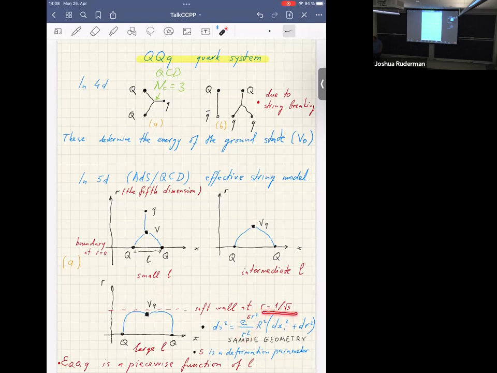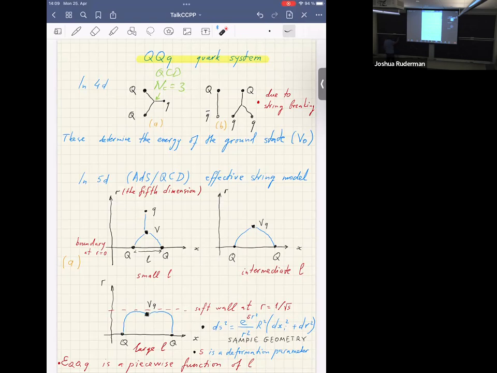So it's at 1 over the square root of s. Let me just give you an idea that the potential for AdS, pure AdS, is proportional to 1 over r squared, but with the deformation going like this. Soft wall.